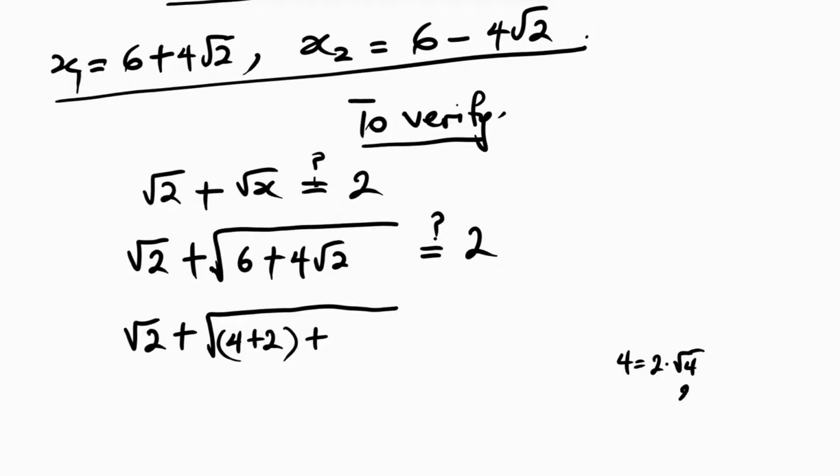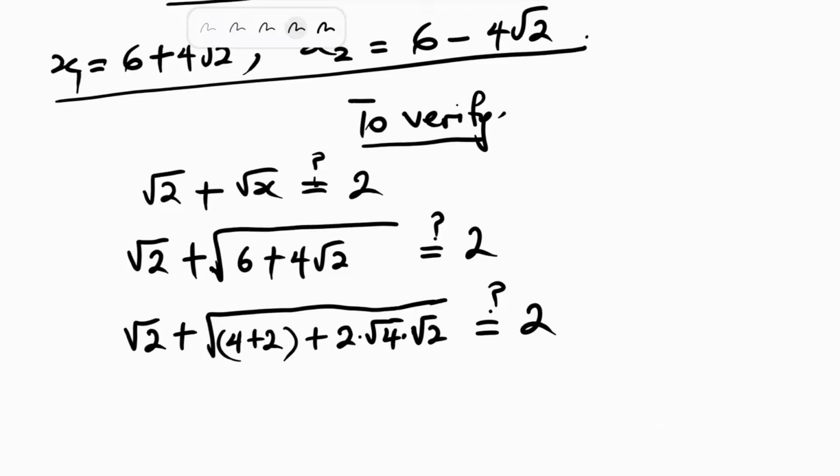Root of 4 is 2, and 2 times 2 is 4. So we can rewrite 4 as 2 root 4. And then we have root 2. Let's see if this is going to be equal to 2 at the end of the day.